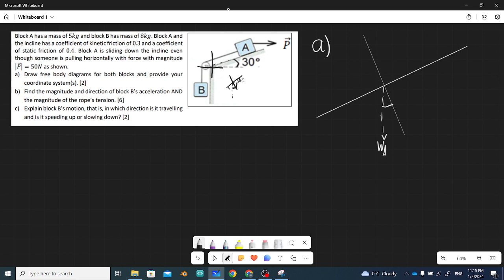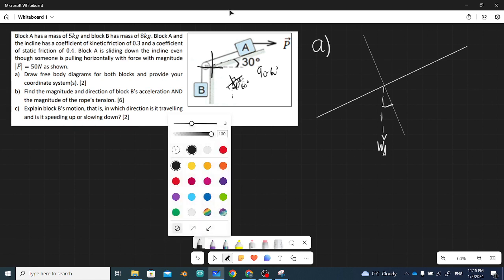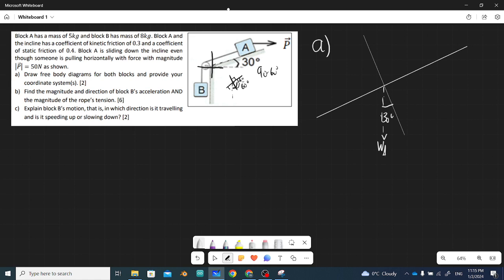This one is 90 as well, because it's an axis. So here it would be 60, this would be 60. And since this is 90 degrees, this would just be 90 minus 60, which is 30 degrees. But once you do these a lot, you don't even need to do that. It just comes naturally.